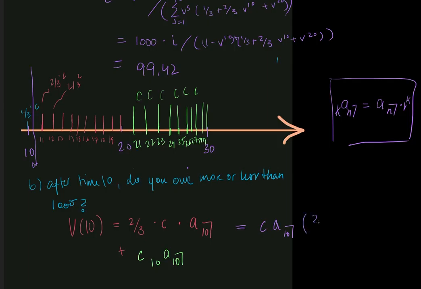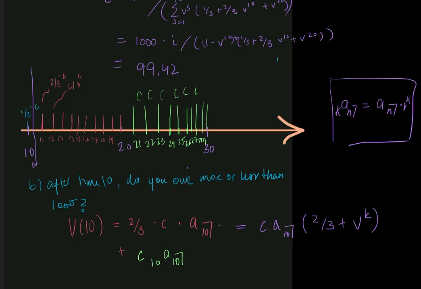So I have multiplied by 2/3, that's from the first term, plus, from the second term, V to the K left. So think a bit about this. Good brain exercise. If you're a bit confused about this, just look at it a bit more.